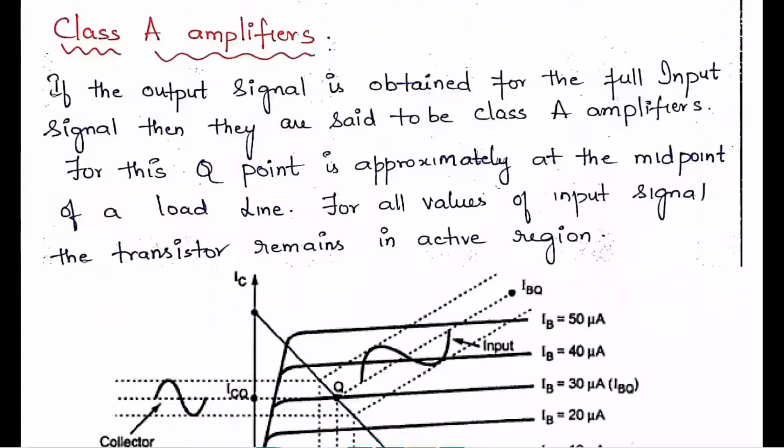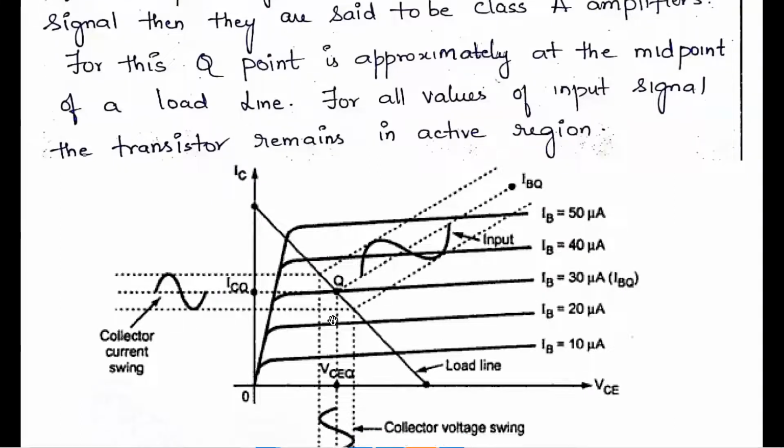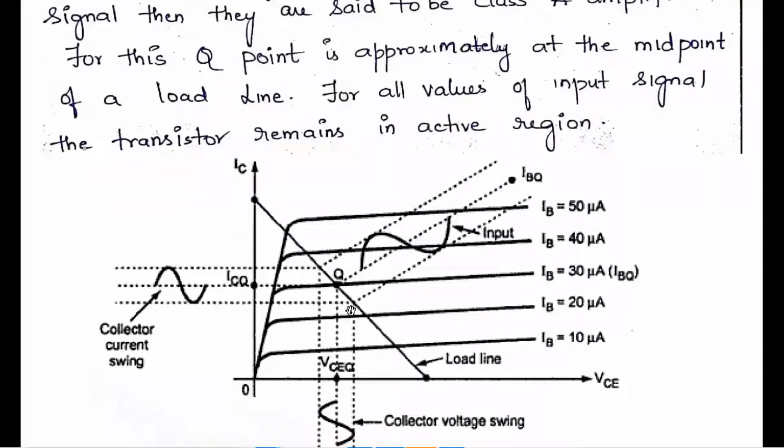So now let us discuss what happens when IB changes. When IB changes, IC changes in accordance with the transistor characteristics which are shown here.